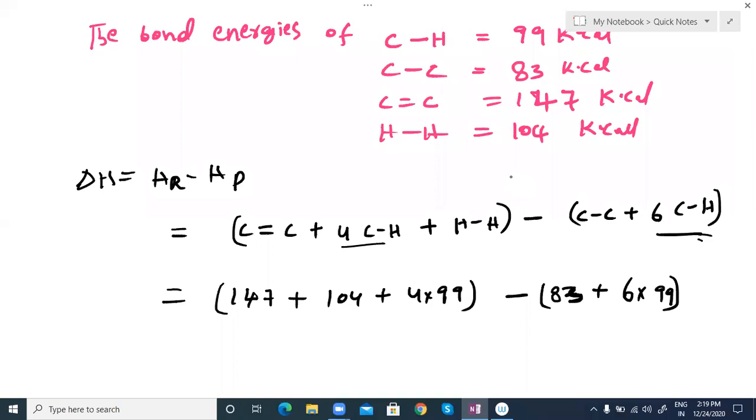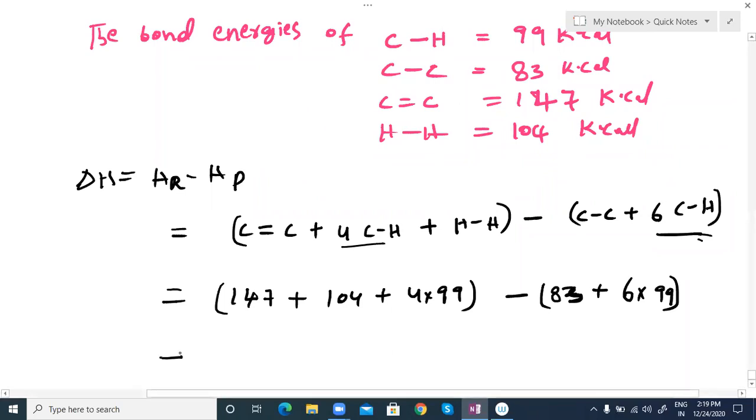What's the answer? Plus or minus, what are you getting? Final answer. If you know calculations properly, then you can get the answer. If you don't know calculations, multiplications, then you can't get the answer. Just addition, subtraction should be perfect.